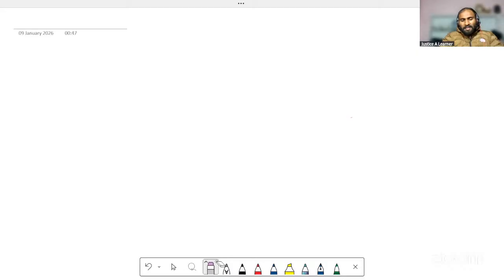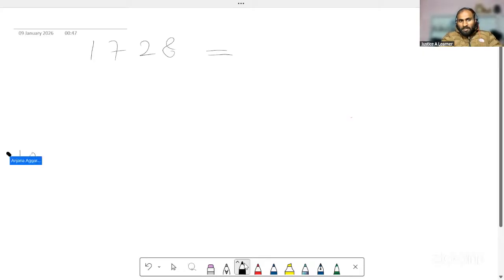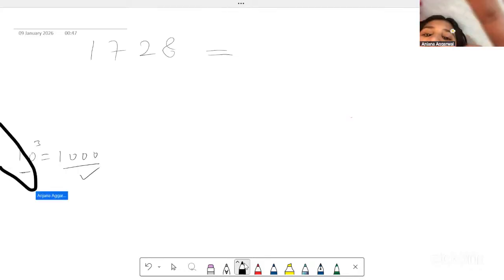So let's say I need to find the cube root of this number, that is 1728. Whenever there is a four digit number, I'll be going to a round value because I already know the base value, which I would be taking as 10. The nearest round value. So 10 to the power 3 is 1000. That's true, right? So now I'll be just going nearest this.